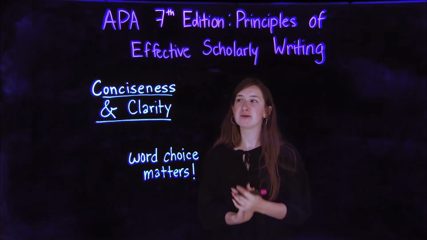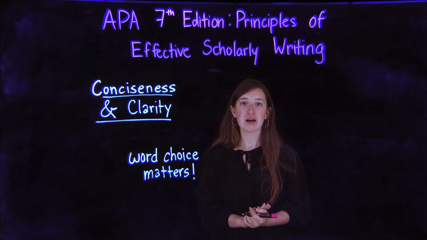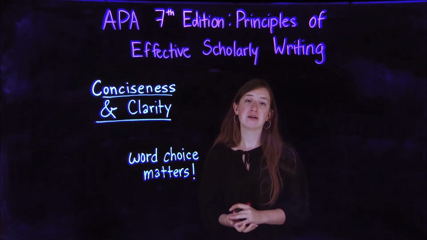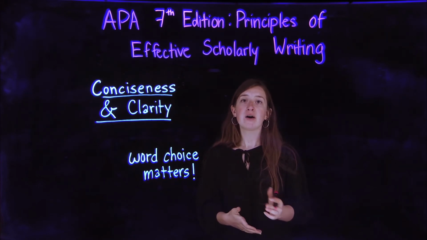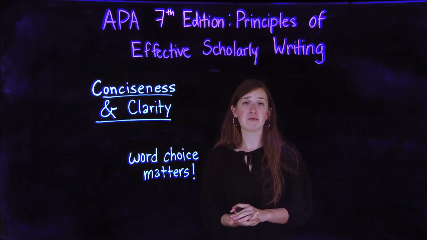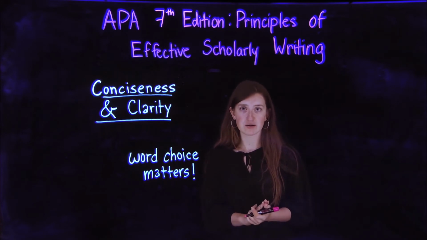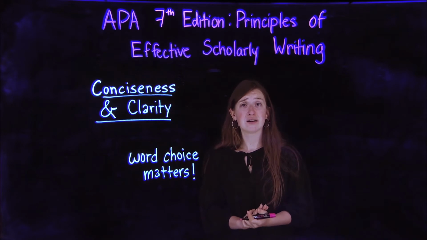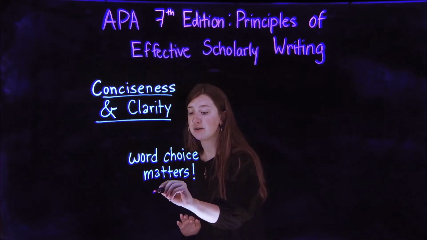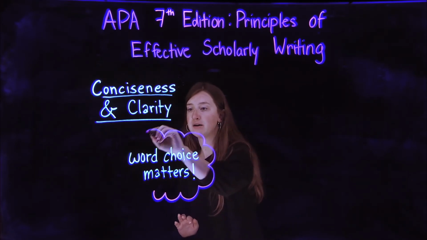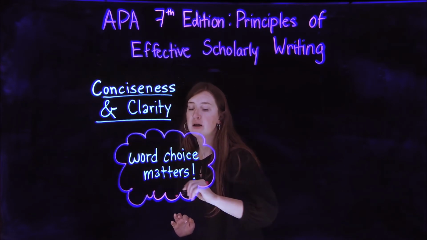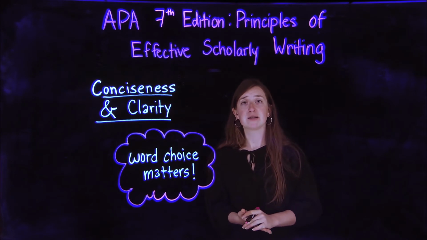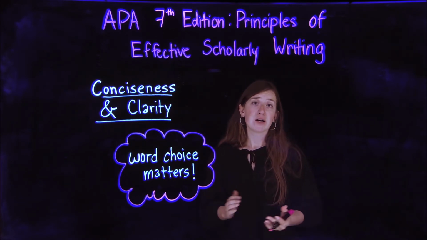The next two principles are conciseness and clarity, and they are very much intertwined. So the more concise your writing is, the clearer it's going to be. Now, when Maduri was talking about continuity and flow, she was talking a lot about sentence structure, also known as syntax. And when we're thinking about conciseness and clarity, that has a lot to do with word choice, okay? Word choice matters. Some things that we need to keep in mind when checking our paper for conciseness and clarity include avoiding jargon.